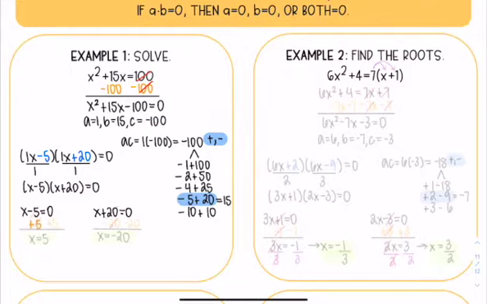The first one, we're going to add 5 to both sides. And so it cancels on the left, and we get x equals 5. And for the second one, we're going to subtract 20 from both sides.